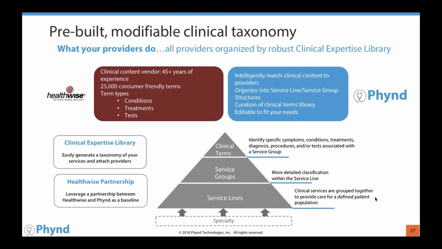And so we use that structure along with our own proprietary, you might call it AI-based software that helps to map providers against this Healthwise standard to basically map to lines of service groups and clinical terms. And so the benefit of having this taxonomy and this matching software is that for the first time you have this complete and always accurate representation of your health system's full capabilities. So as you're marketing, again, as marketeers, we're marketing our health system through channels we provide for a better experience.